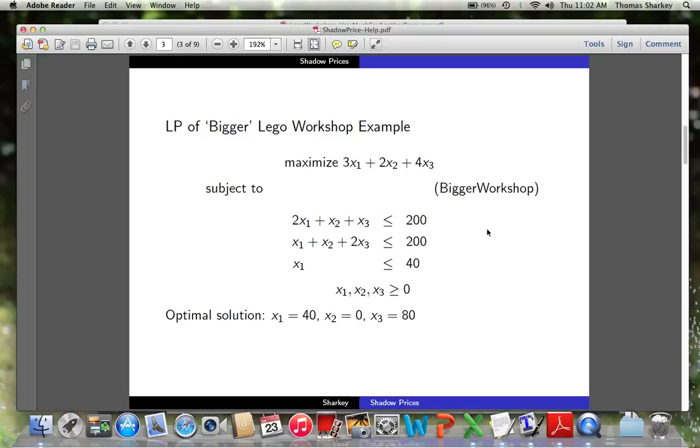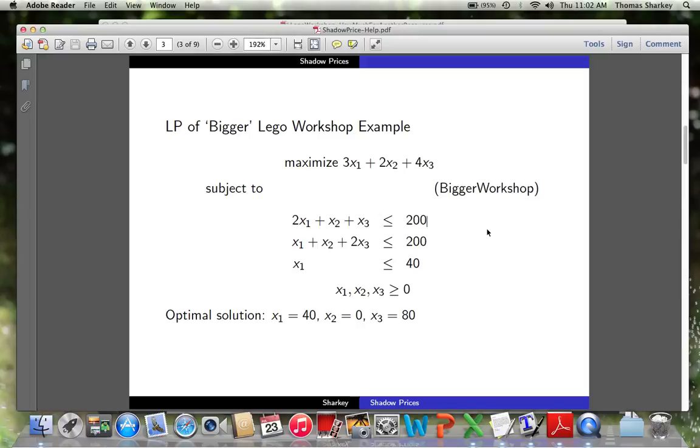We make no extra money, so why would we pay anything for that small brick? So we've already answered the first question. We're not going to pay anything to get more small bricks because we're not using any more of them. So that's 1 out of 3 questions answered.